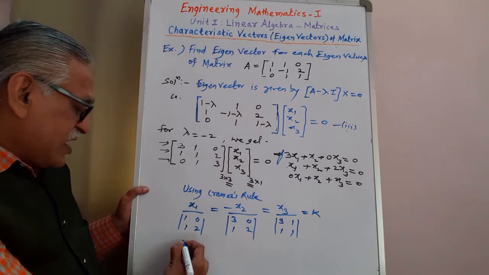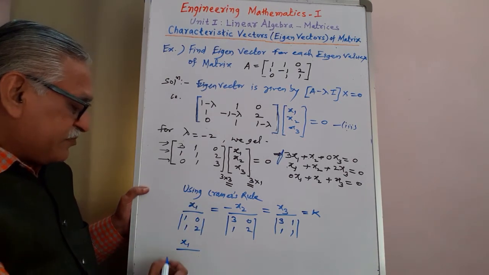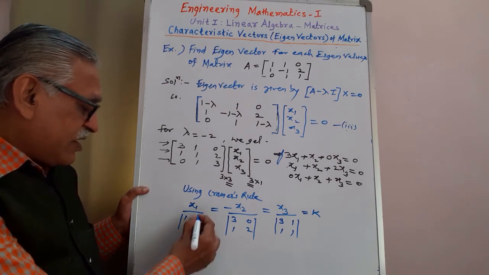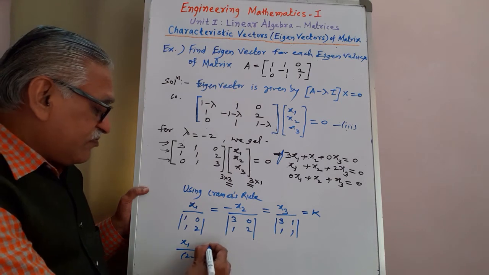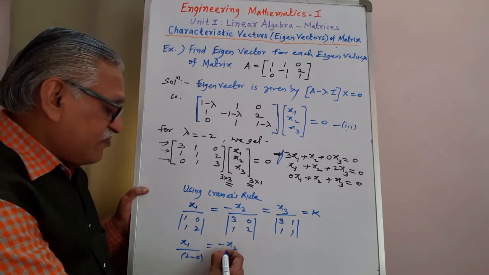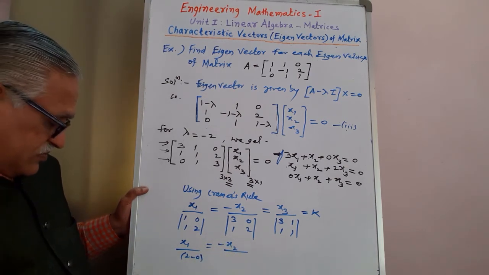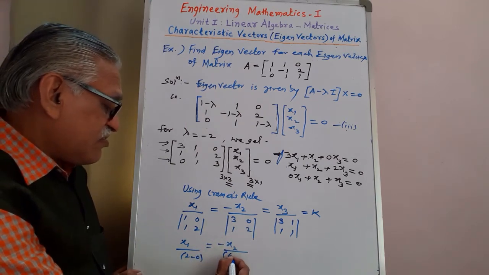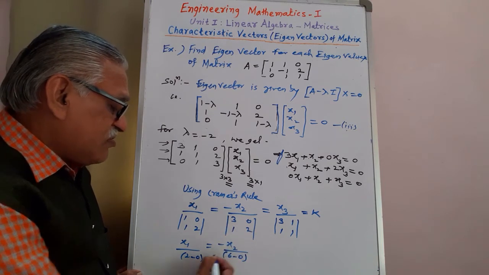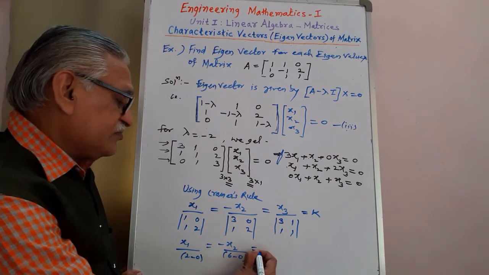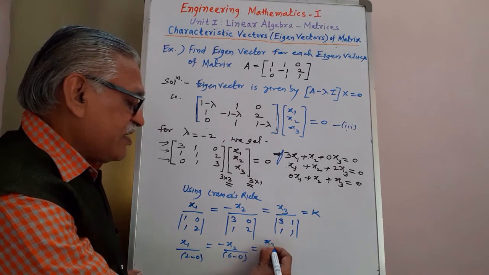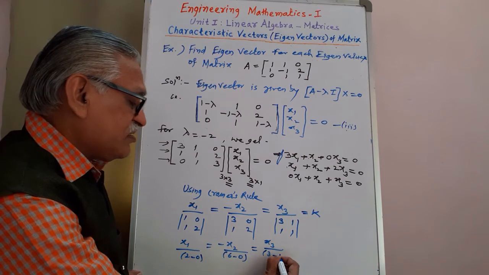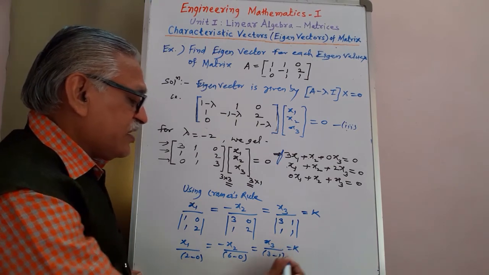And therefore, we have x1 divided by 1 into 2, we get 2, minus x2 divided by 3 into 2, we get 6, minus 0, and x3 divided by 3 into 1 minus 1 into 1, that is 3 minus 1, equals k.